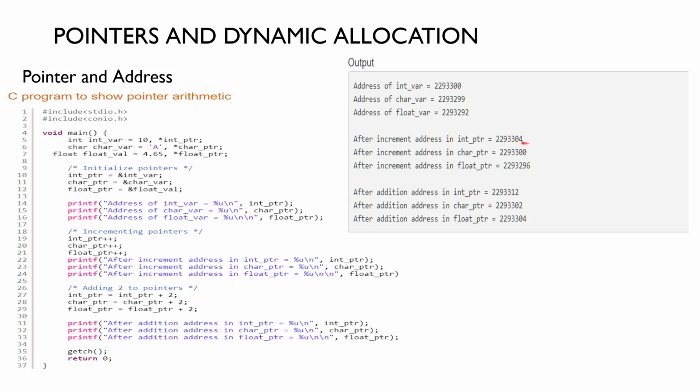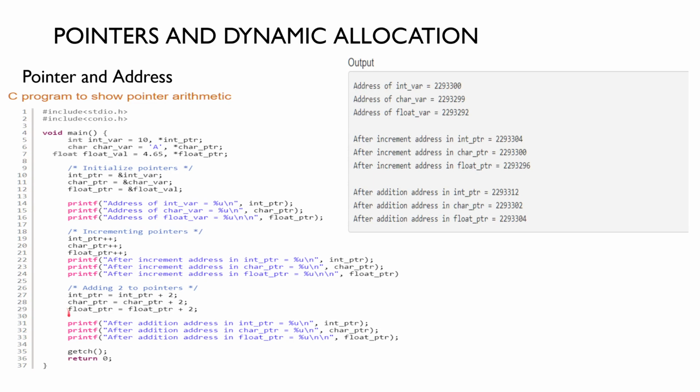We went up 4 bytes in memory despite only adding 1 to the pointer. The char pointer has a similar effect where we go from 2293299 to 2293300. We only increment by 1 because chars only take up 1 byte of memory. Floats being the same size as ints, we have the same increment here from 2293292 to 2293296 here.